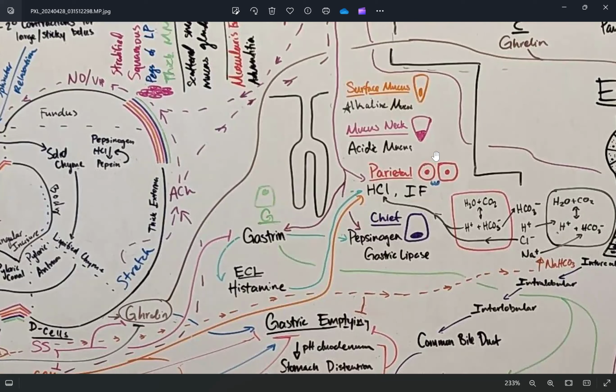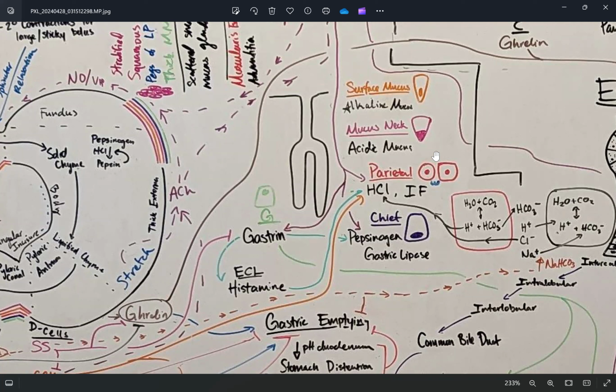And then the mucus neck cells secrete acidic mucus. Deeper in, you have parietal and chief cells, and parietal cells in particular are your important ones, secreting hydrochloric acid and intrinsic factor. Your chief cells will secrete pepsinogen and gastric lipase, and then your G cells will secrete gastrin.